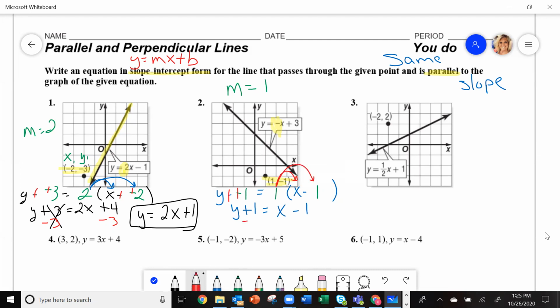You have to move this 1 over to the other side, so I subtract 1 from each side. I'm going to have y equals x minus 2, because these cancel out. That should be your equation right here. That equation is the line that is parallel to this one and goes through this point.